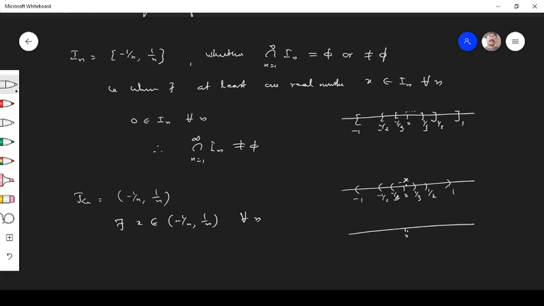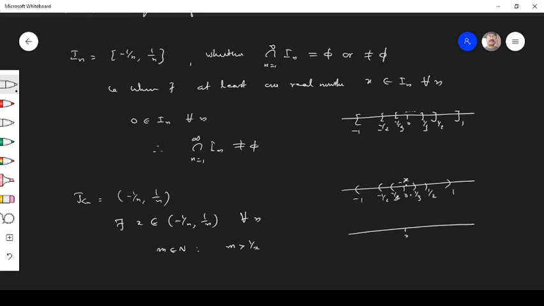Now, since x is a real number, by the Archimedean property of real numbers, you can find a natural number m in N such that the integer m is greater than 1/x.